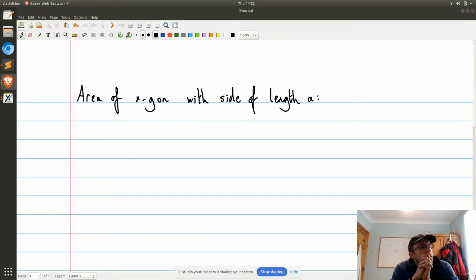Okay, so the official technical name is radius and apothem. But let's get the pronunciation right. See, this is another thing. I want to actually speak mathematics.